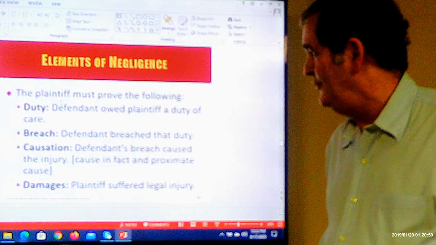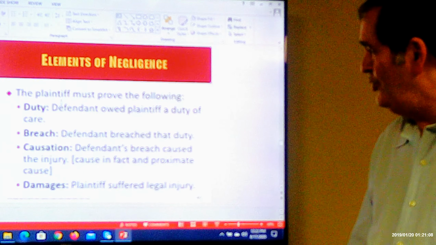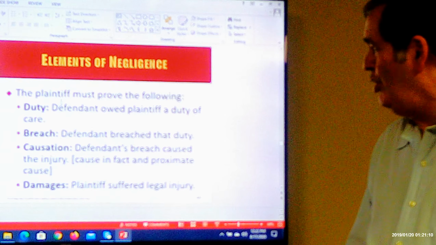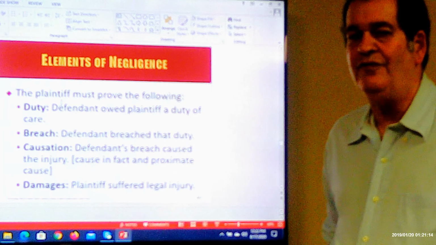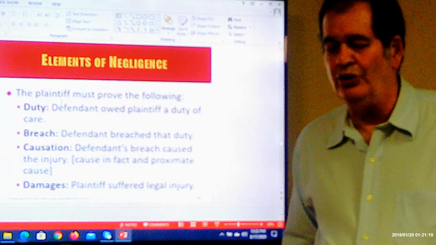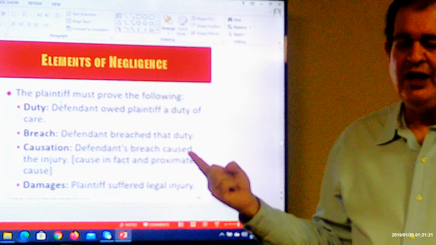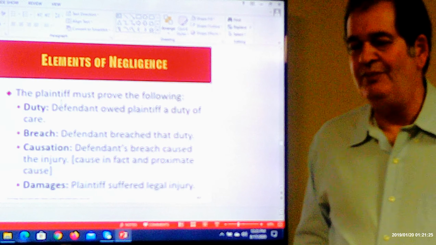Causation has 2 elements to it. That's why I said some people say 4, some people say 5 elements. So the 2 elements to causation are what we call cause in fact and proximate cause. Okay, cause in fact is easy. Cause in fact, the law has established really 2 principles, but one is the one that occurs in most situations. And that is the but-for test.